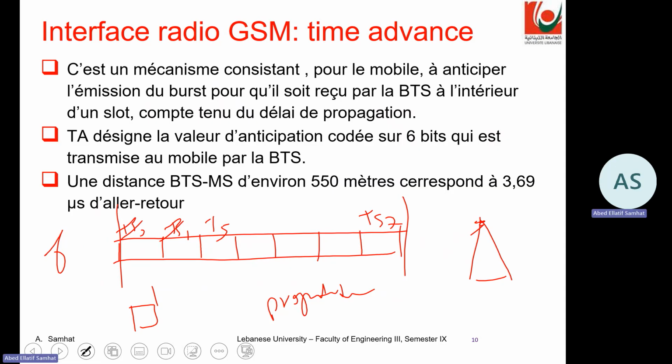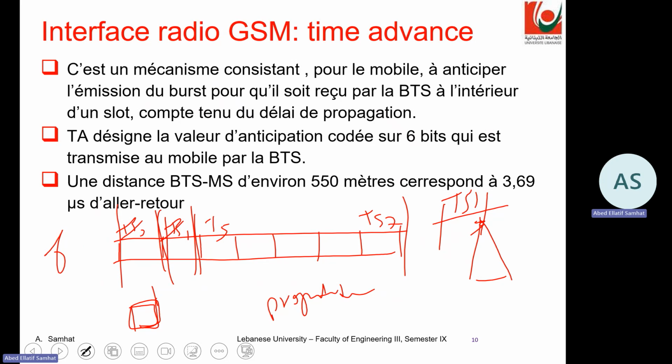So if I want to allocate this time slot, let's say TS1, to the mobile station, the synchronization is done at the base station, and the information should be received at the base station at TS1.